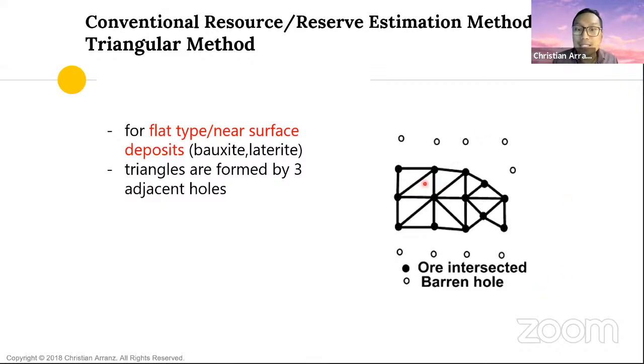So yun. Kapag may natamaan ka, yung black darkened. And then kapag walang natamaan, that's the white na, or the empty dot. Okay? Tapos this is a top view. Okay? Top view na to, obviously. So looking at the top, you have several drill holes. So ganito ang drill holes.